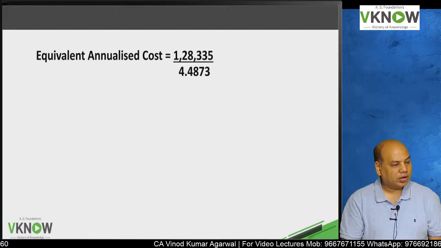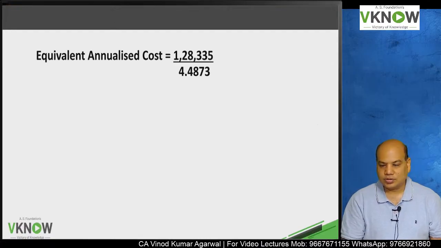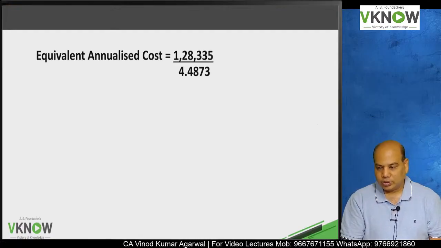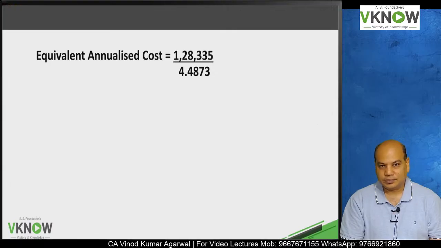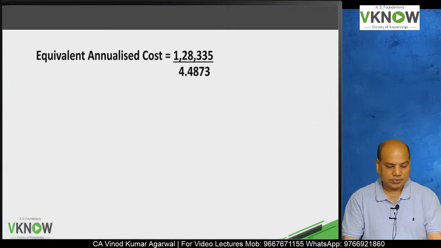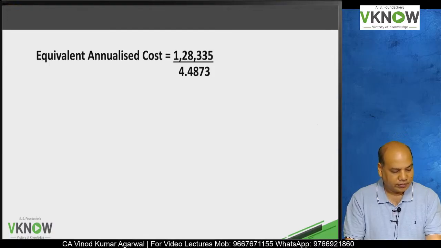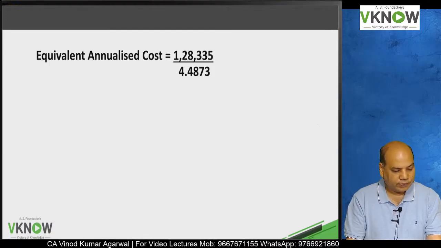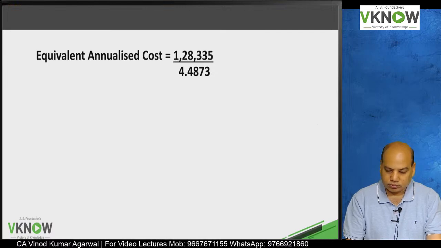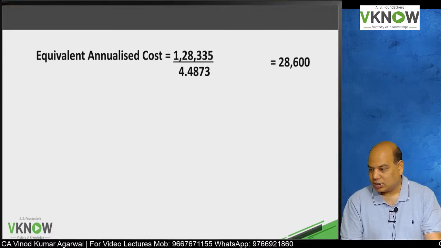Now below the table write equivalent annualized cost. 128,335 divided by 4.4873 is 28,600. Please check.